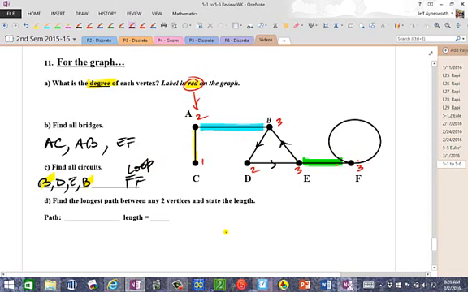Okay, the longest path. So, how about C to A to B, to D, to E, F, and back to F? Let me start at C. So C, A, B, D, E, F, all the way back to F here.